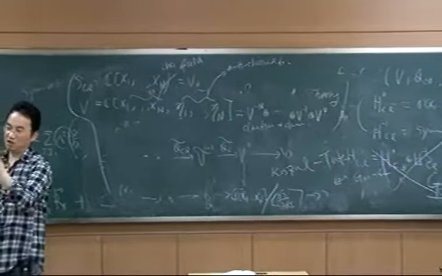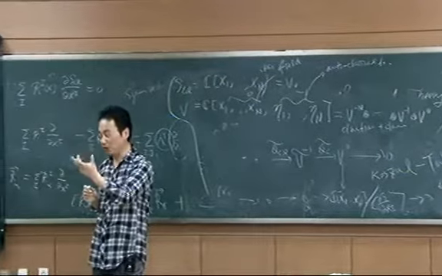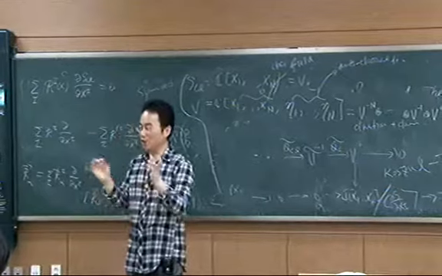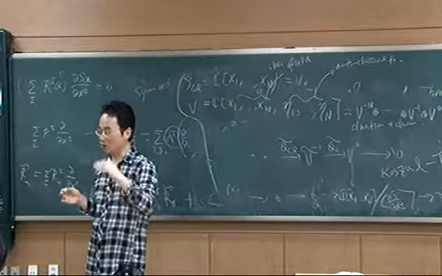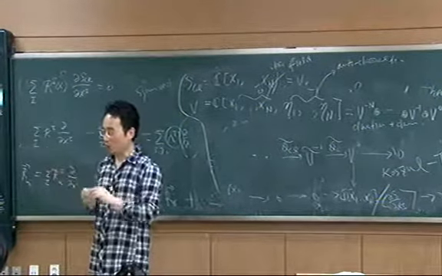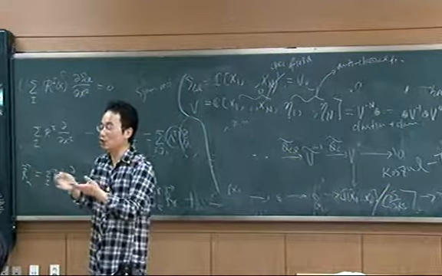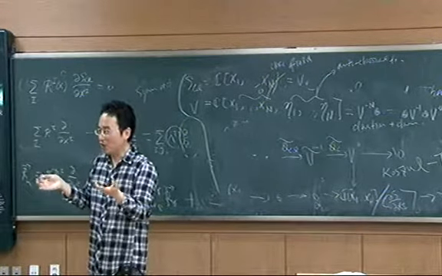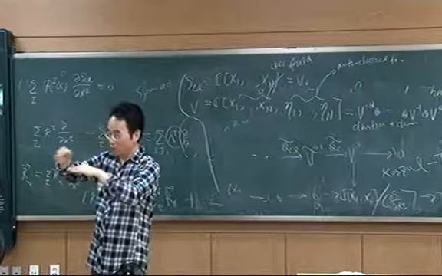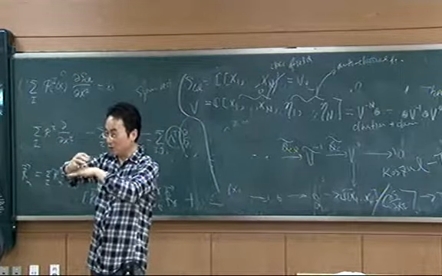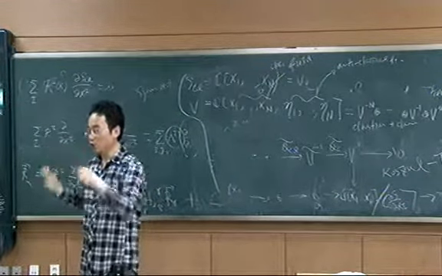The analogy is like when you do the mirror map. You don't just invert the mirror map anywhere. In the complex moduli space, you go to some special maximal degeneration, then you introduce some affine coordinate system. There you do the mirror map.